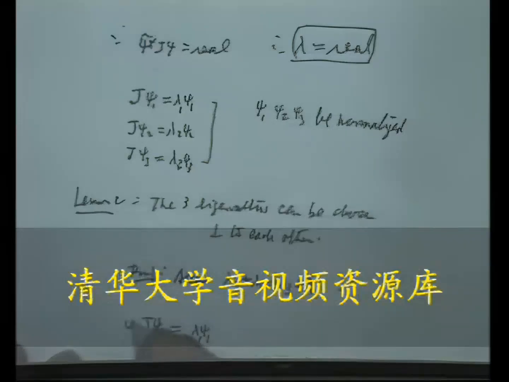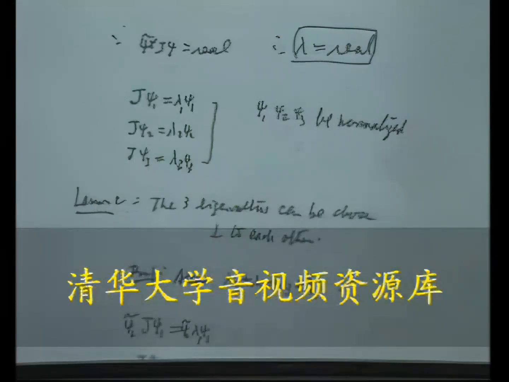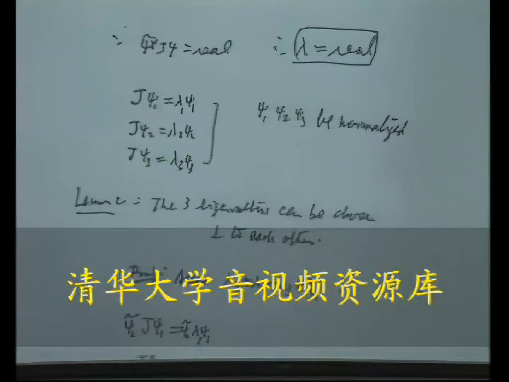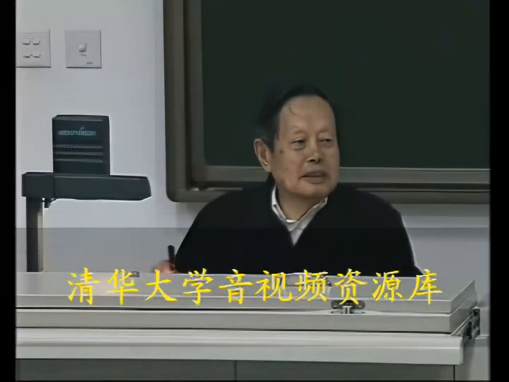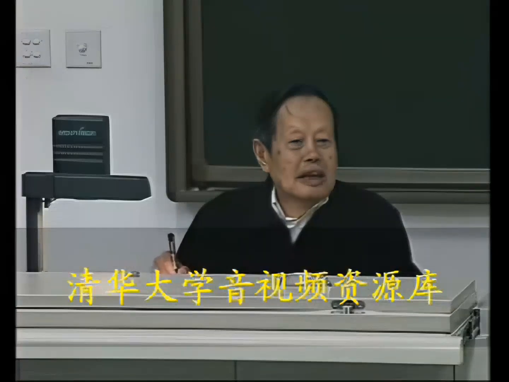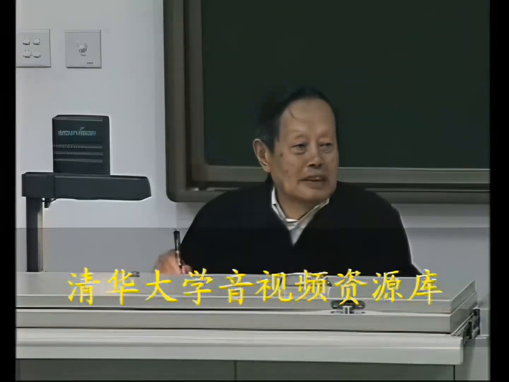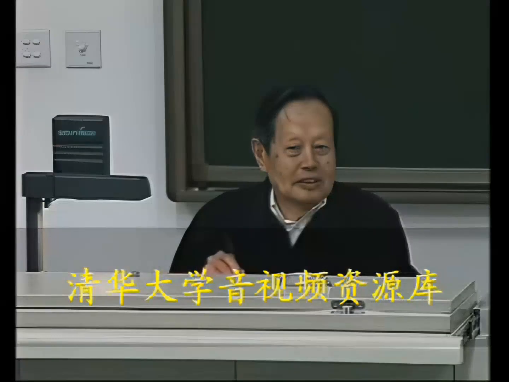I multiply it by psi 2 tilde. Then I take this equation J psi 2 is equal to lambda 2 psi 2. What I'm going through is a trick which is repeatedly done, and this kind of trick is fundamental to quantum mechanics. So you might as well learn it here.